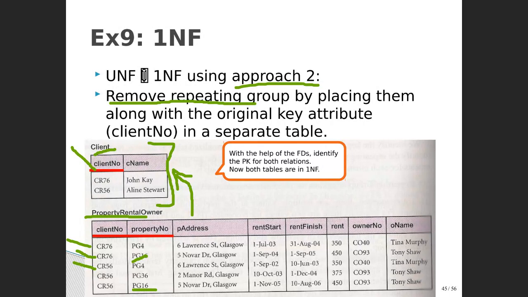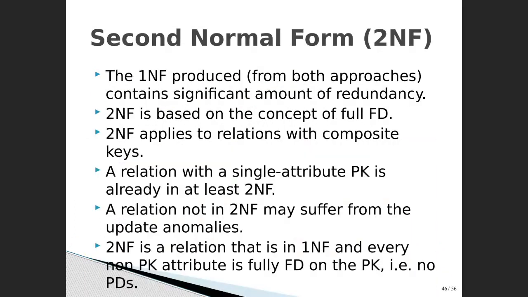There are also owner number and owner name, all redundant data. Here it's repeated. So there is still redundant data. How can we fix it? It will suffer from update anomalies.